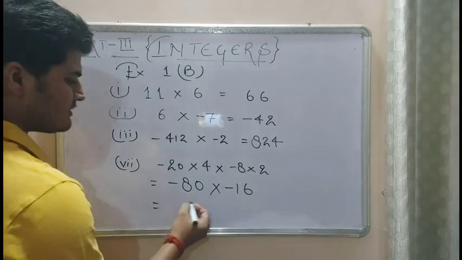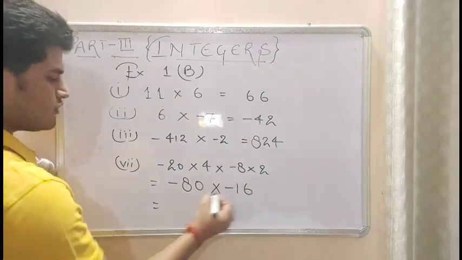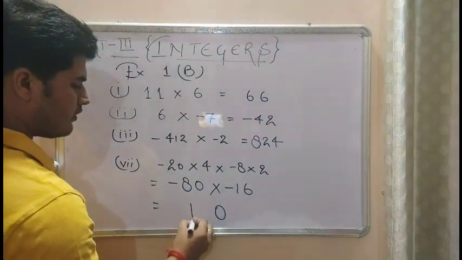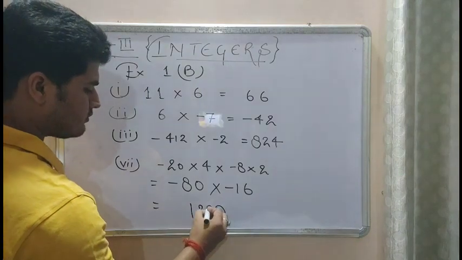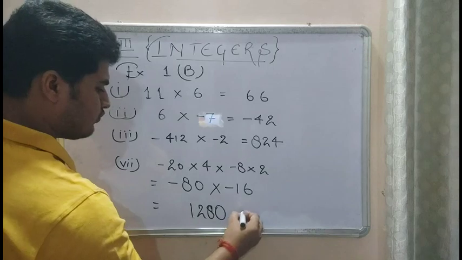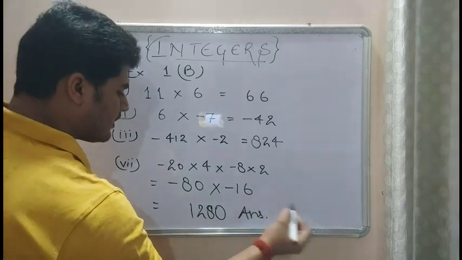So minus 80 into minus 16. So 0, place the 0. 16 eights are 128. Minus minus is going to give you plus. So 1280 is going to be your answer.